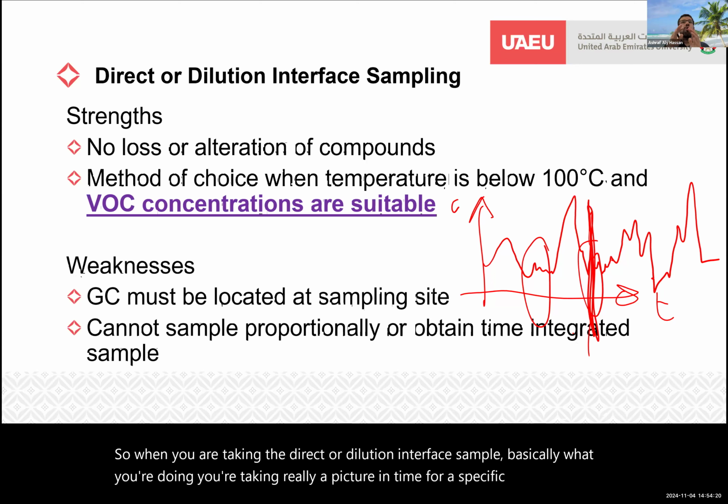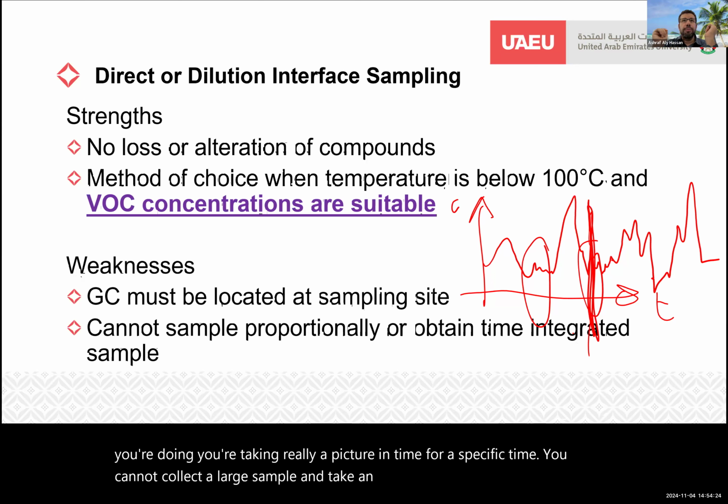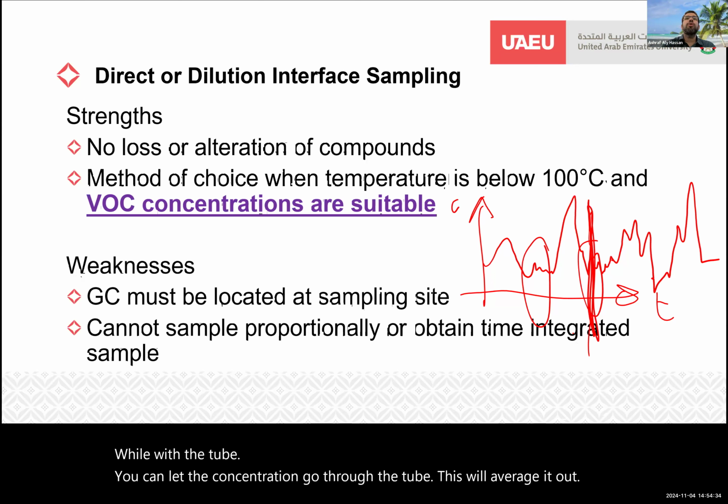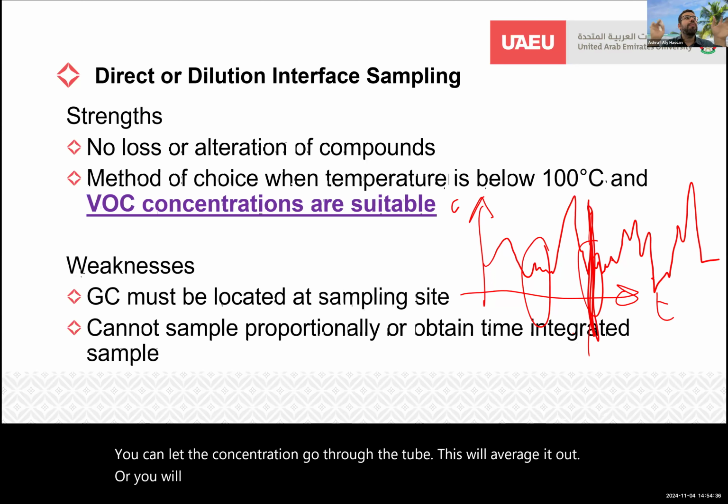You cannot collect a large sample and take an average. While with the tube, you can let the concentration go through the tube. This will average it out. Or you will collect everything within a bag. This will average it out. Do you guys get the concept?